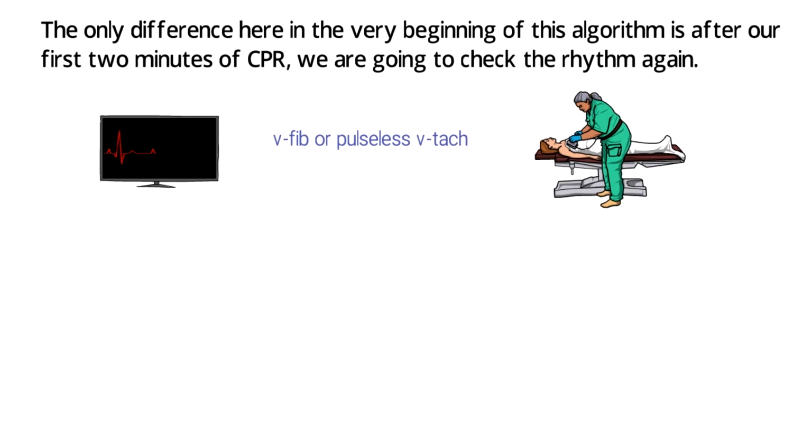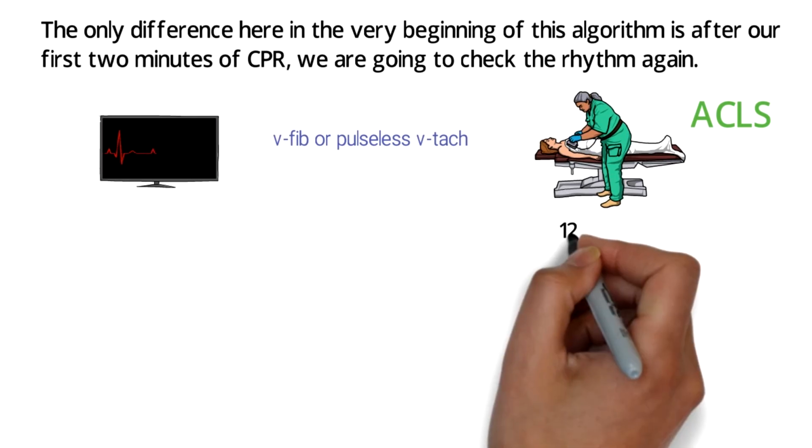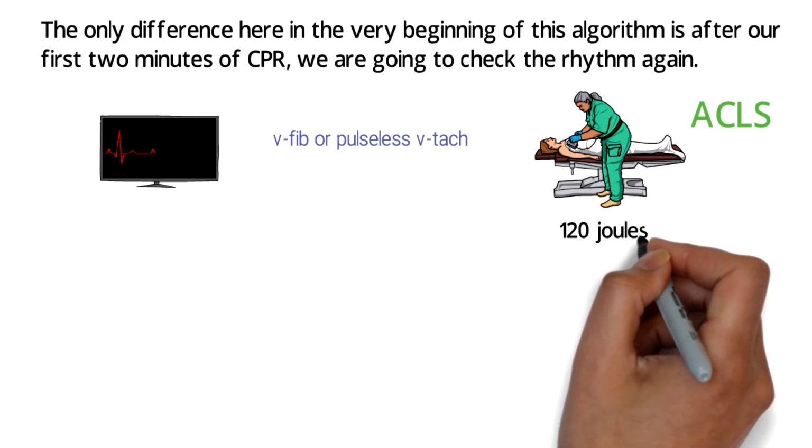All right. Now, in the 13 years I've been practicing, I've seen so many changes in ACLS. It just makes my head spin. But now we're going back to what we call stacked shocks. So the first shock you deliver is going to be at 120 joules.